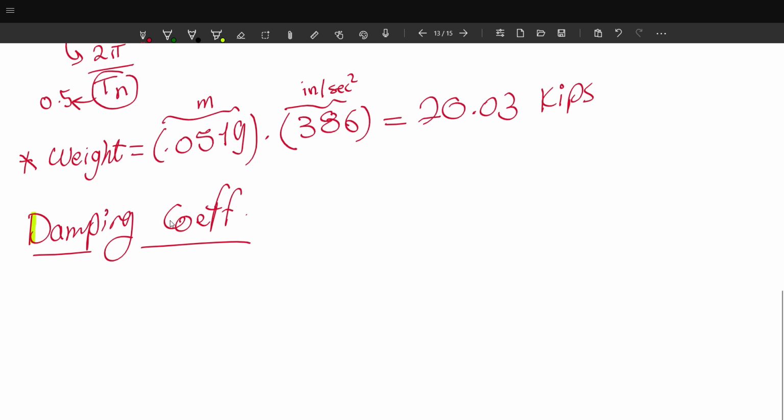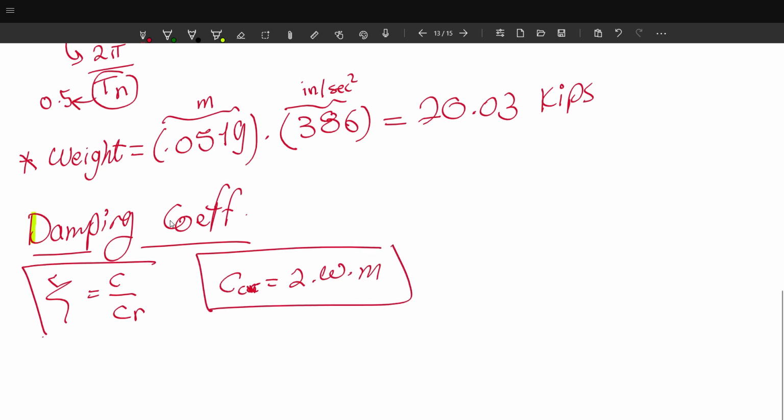Do you remember this equation? Psi equal to C over CR, right? And we said before that CCR equals 2 omega m. Do you remember these two equations? Go back 2 videos and you're going to understand what I'm talking about.